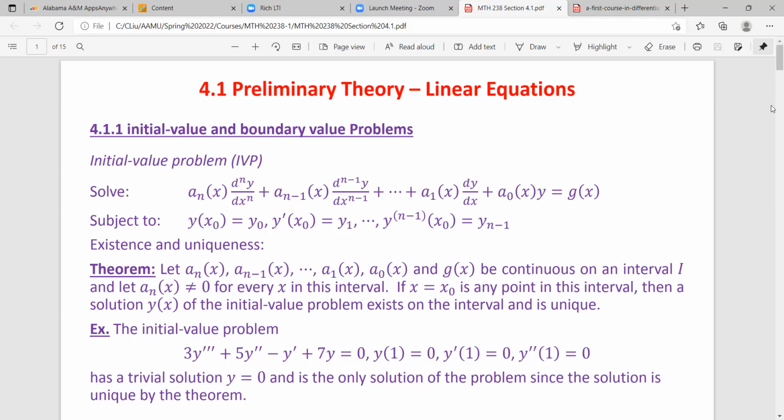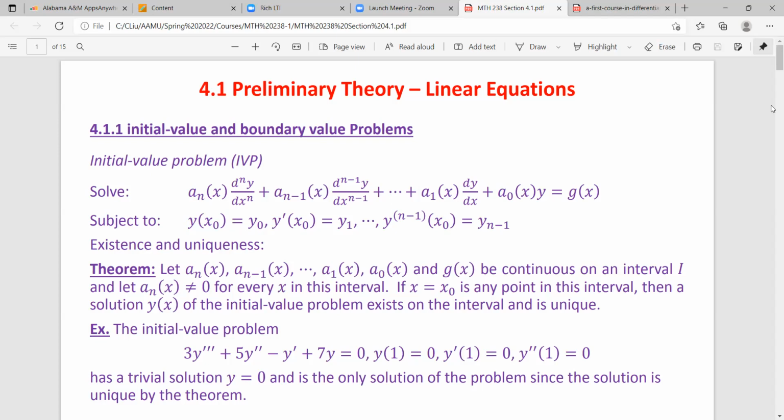So that's a very good result for us. It guarantees the problem always has a solution, provided that all the coefficient functions are continuous and the leading coefficient function is never 0.